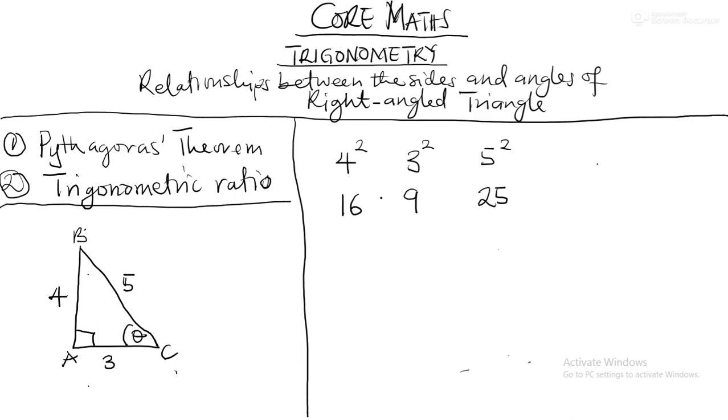Now let's look at something here. We have 16 here and 9 here. When we add 16 to 9, what will we get? 25. So 16 plus 9 is equal to 25.